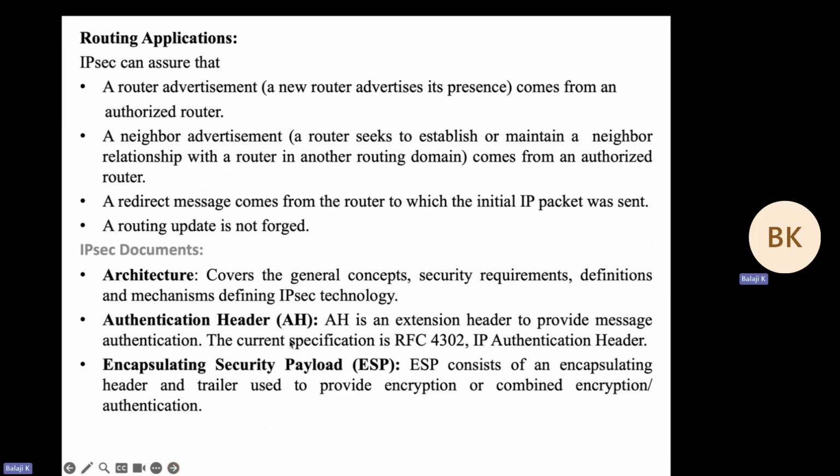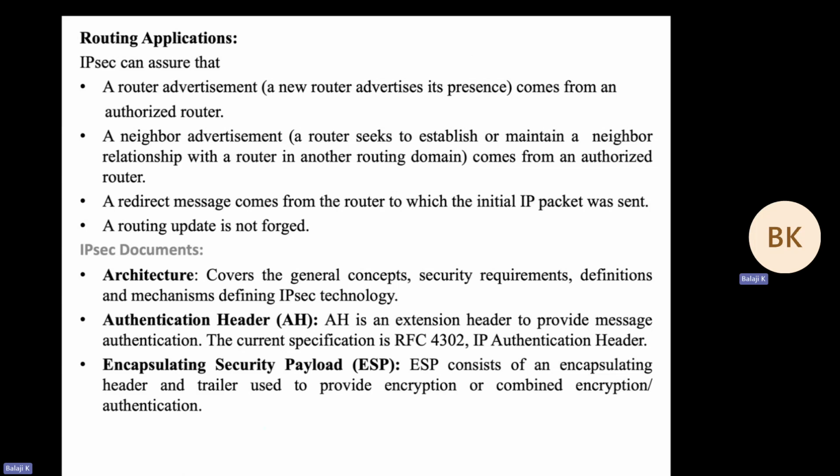Now we will see what IP security can assure, in routing applications. First, a router advertisement comes from an authorized router. The second point is that a neighbor advertisement comes from an authorized router.